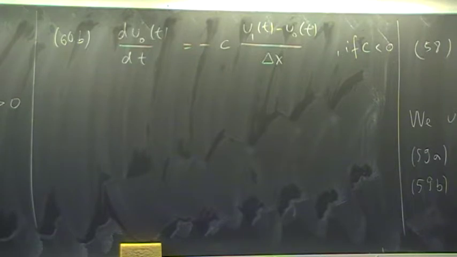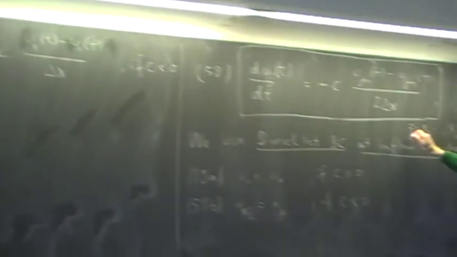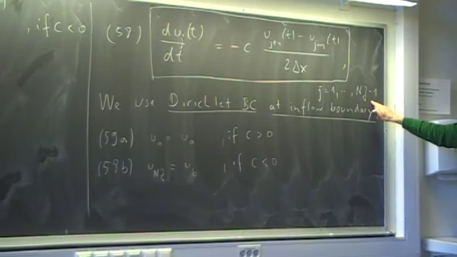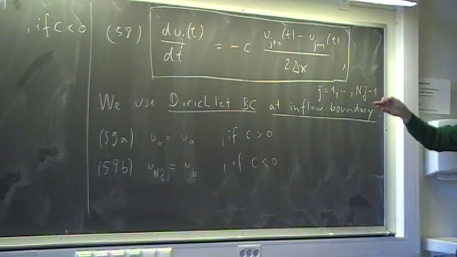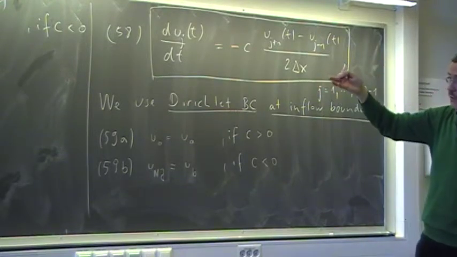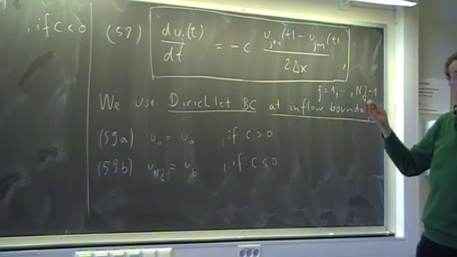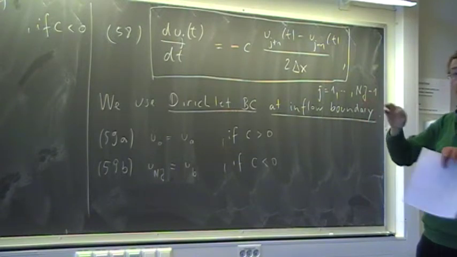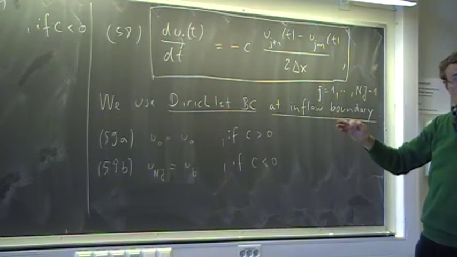So then we have by equation 58, which we have valid at most of the points, a system of ordinary differential equations. Taking that and taking either 60A for c positive or 60B for c negative, we have a system to describe all our unknowns.